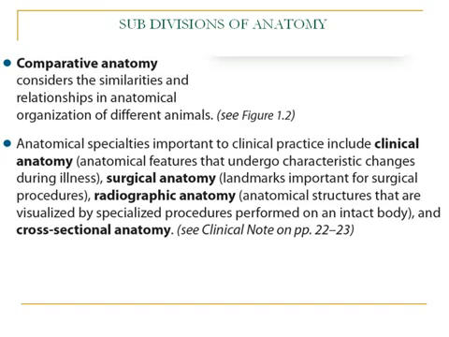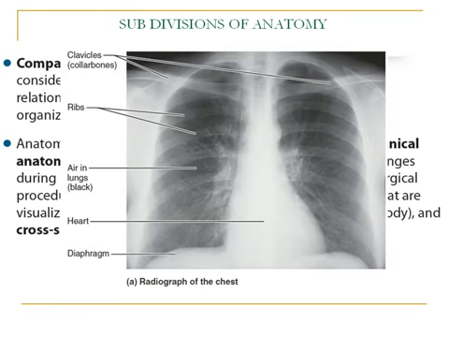And we have another branch of anatomy, radiographic anatomy, where the anatomical structures of the human body are visualized with the help of the radiograph. Here we can see the radiograph of the chest, where this is the mediastinum, here the heart is present, the ribs are present in white color, and the air-filled lungs are displayed in black color.